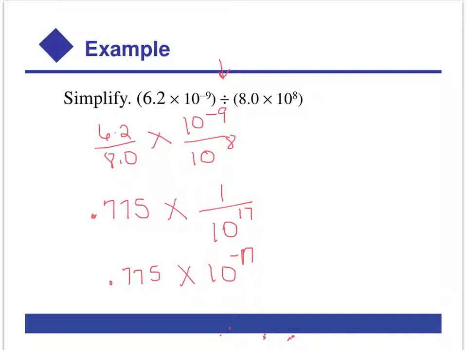Now, what do you notice right here? It doesn't have one place to the left, does it? So when you move that decimal place one more place, that's going to change our answer. And because we moved it 1, it's going to be negative 18 now. And that's your final answer.